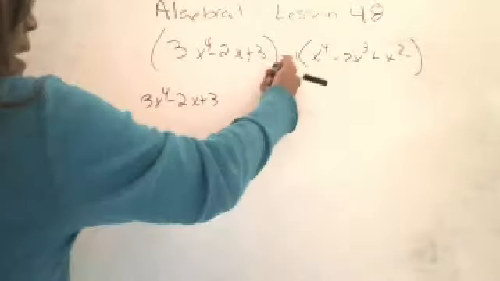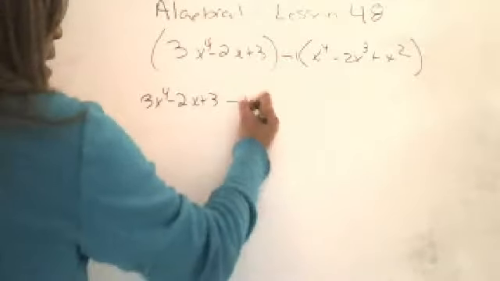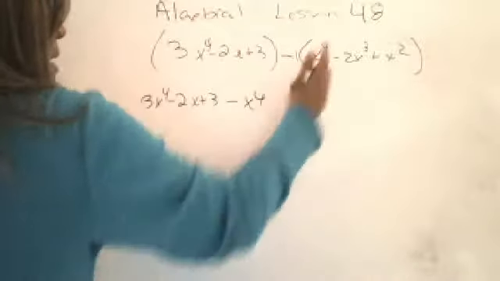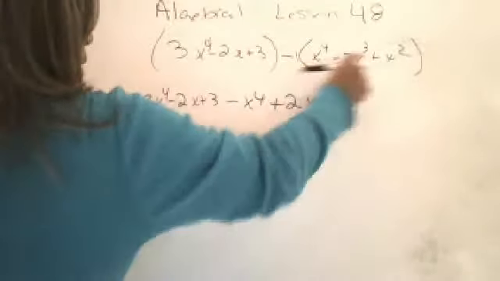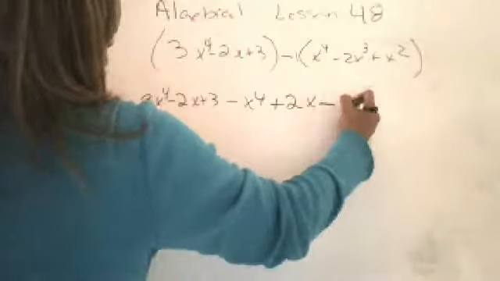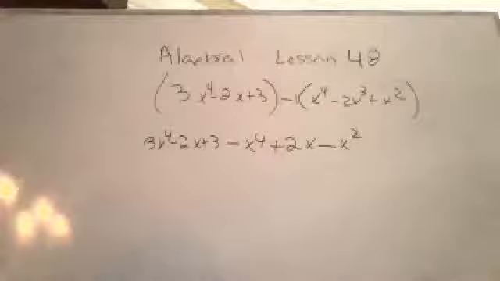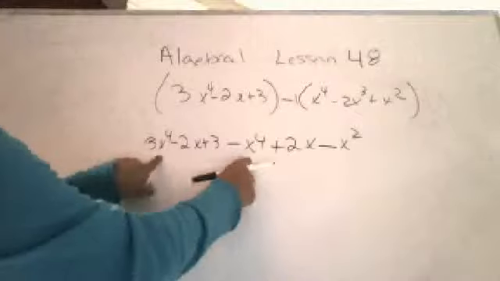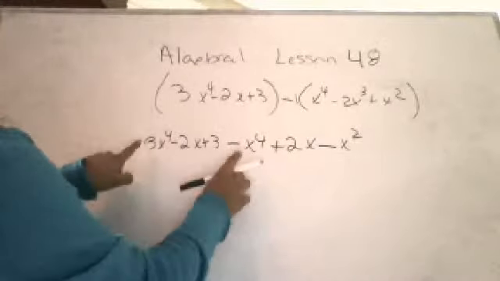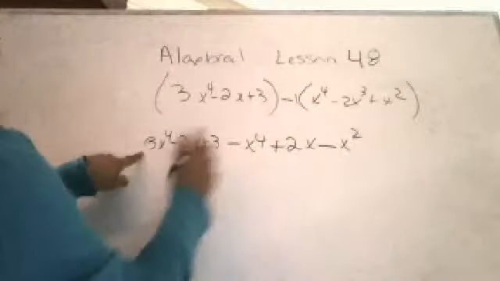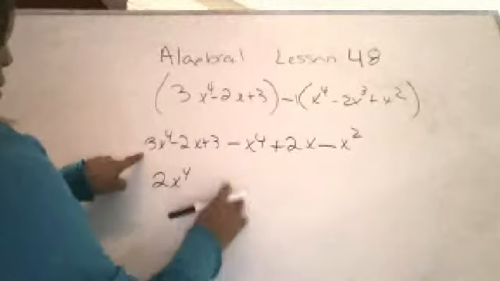Negative 1 times positive x to the 4th is minus x to the 4th. Negative times a negative is a plus 2x. Negative times a positive is a negative x squared. And so now we can simply add like terms. So these two are the same, x to the 4th. So 3 minus implied 1 is 2x to the 4th.